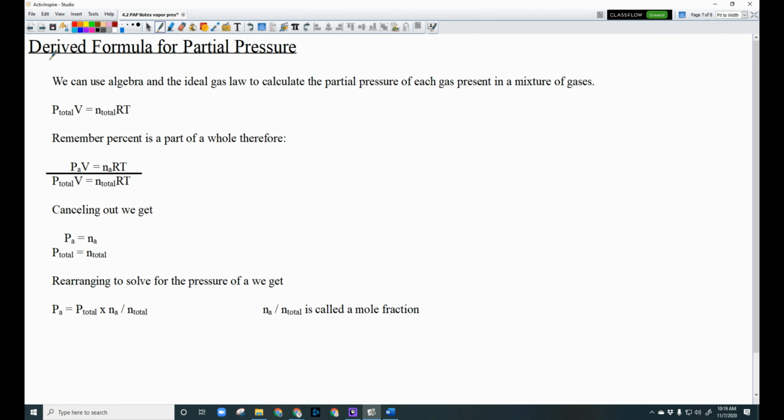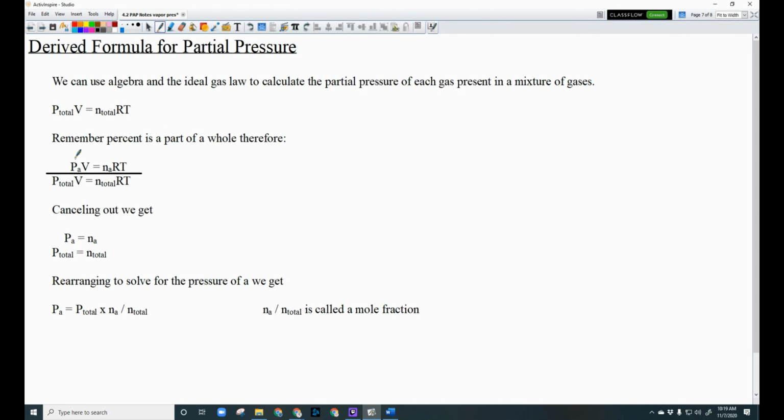All right, so derived formulas for partial pressure. Well, we can use algebra and the ideal gas laws to calculate the partial pressures of each gas present in a mixture. So if we take P total times V, PV equals nRT, and this is the total, n total RT. And remember that a percent is a part of a whole. So we're going to make this as a percent.